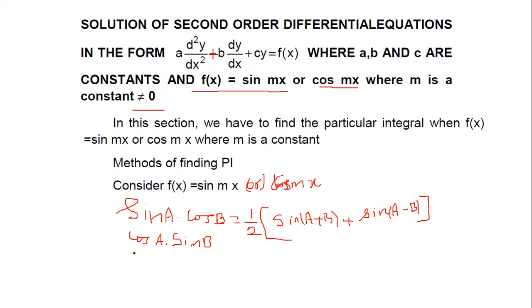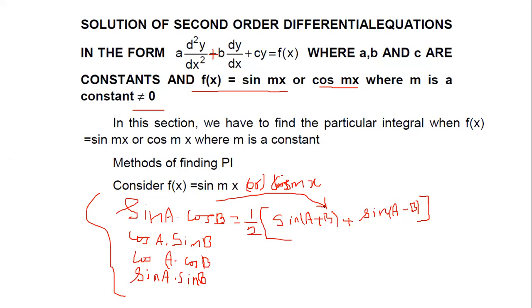You have to go through this. And then one more formula: what are cos square A and sin square A formulas in terms of multiple angles? This is the multiplication formula. We can write it in terms of addition and subtraction.